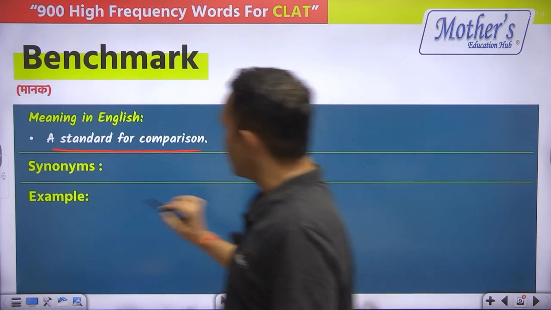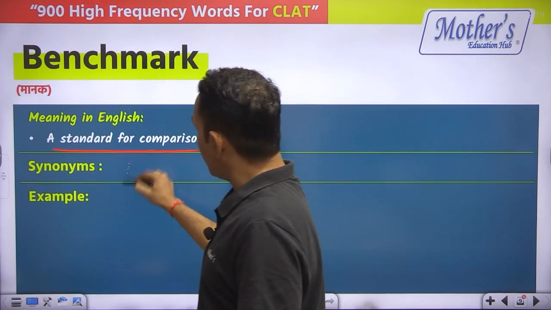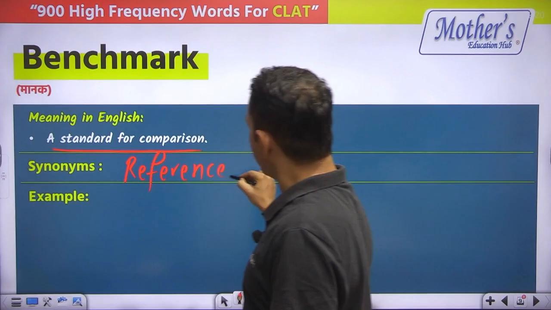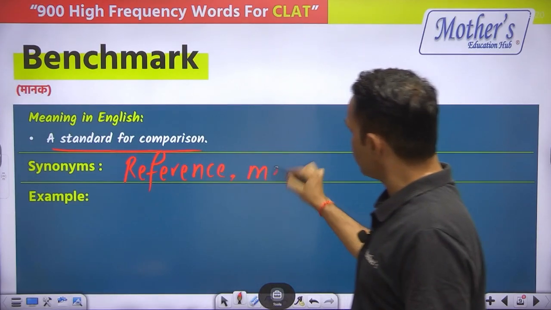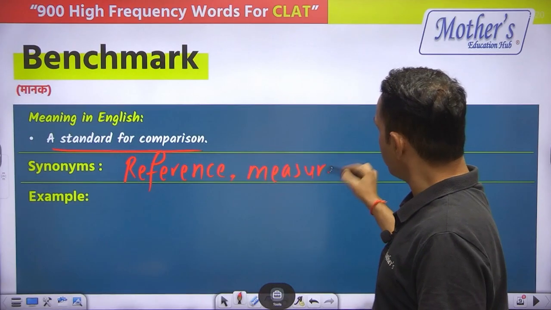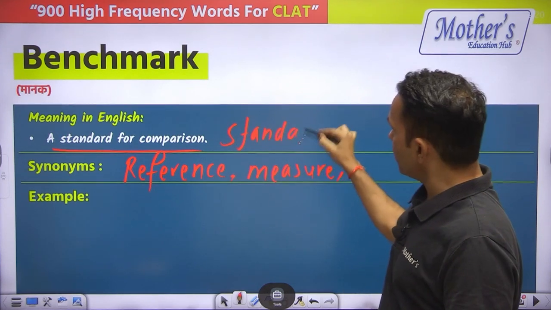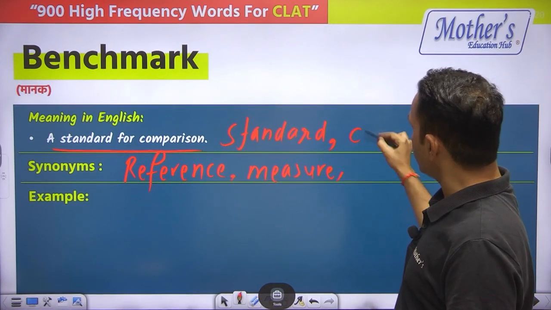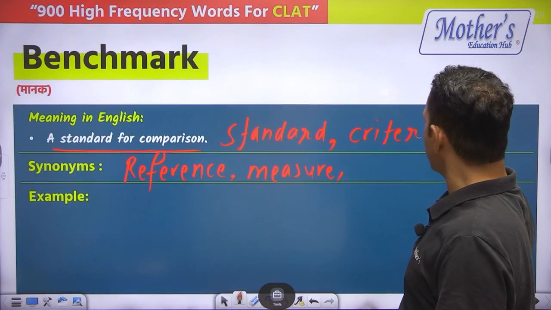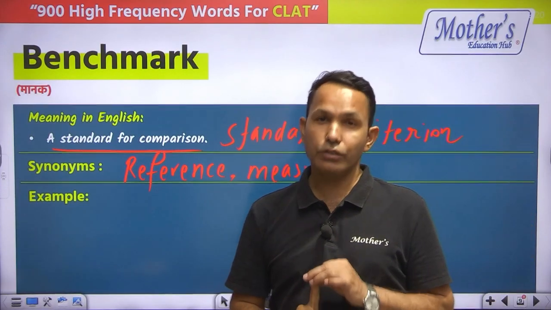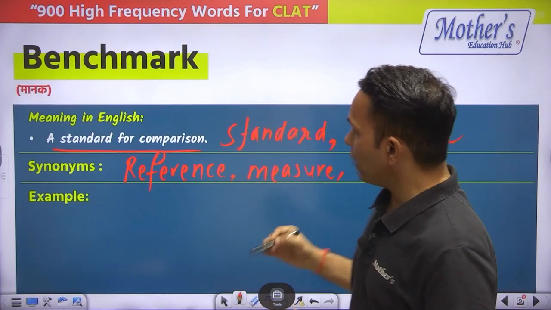The similar words are reference, measure, standard, and criterion. All these words carry the same meaning as the meaning of benchmark.